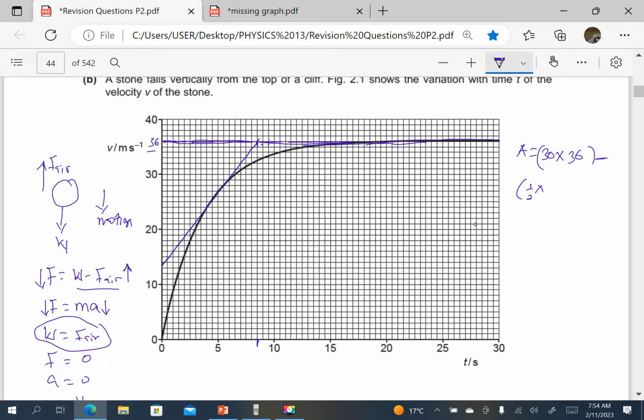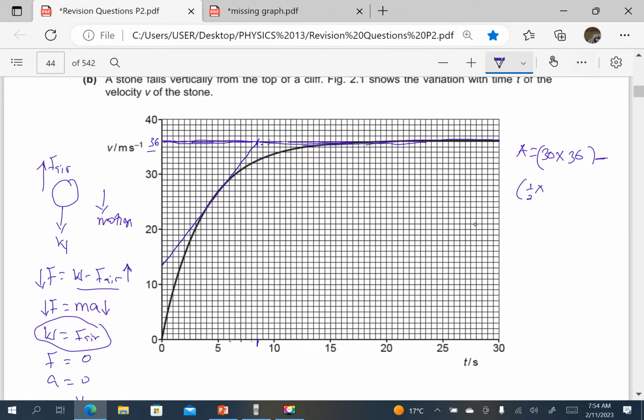Let me check. The scale here on the x-axis is 5 divided by 10, 0.5. So this is 6, 7, 8.5.